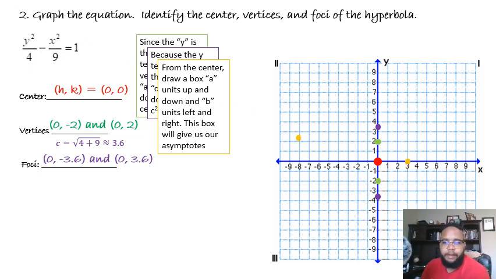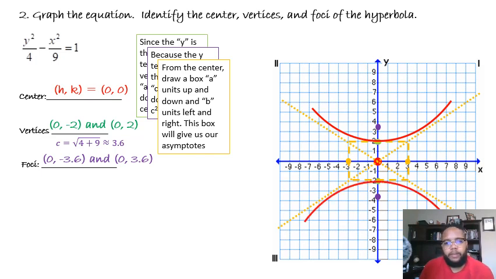Anyway, we're going left and right 3, and then we draw our box, and we draw our asymptotes, and this time we know we're opening up and down through those vertices, so we draw our hyperbola that way. That's it.